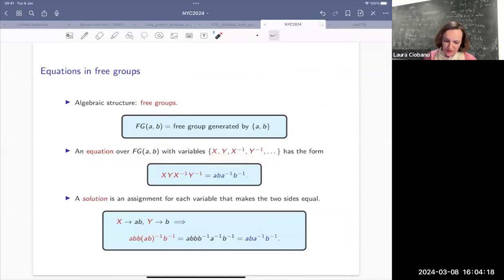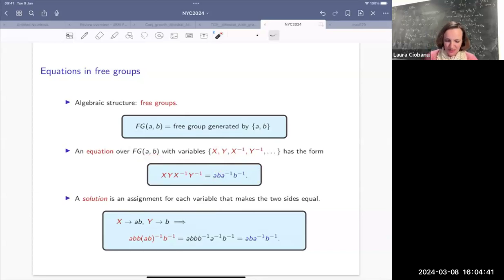of variables, and I have them here in red, x, y, with their inverses, and so on. This is a very nice equation that I think many of you know and like: you can ask, for example, when is the commutator of x and y equal to the commutator of A and B, where A and B are the generators. I won't say very much about this.